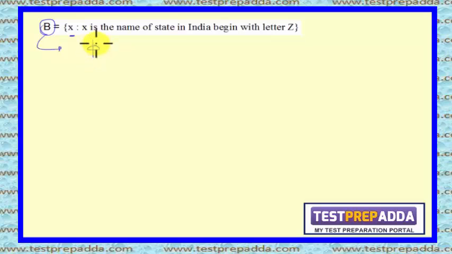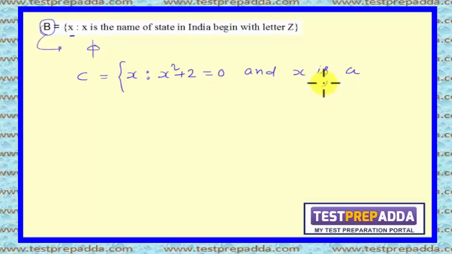Now I'll take another example. Consider a set C equal to all values of x such that x square plus 2 is equal to 0 and x is a real number.